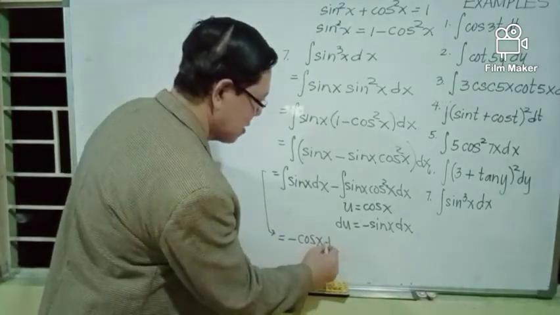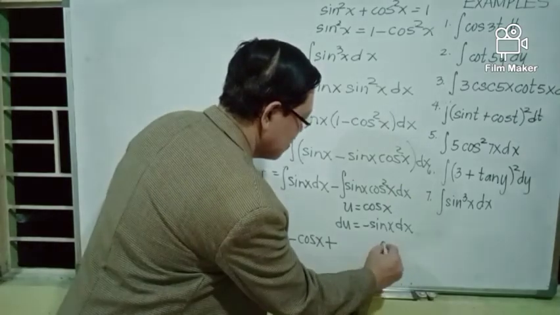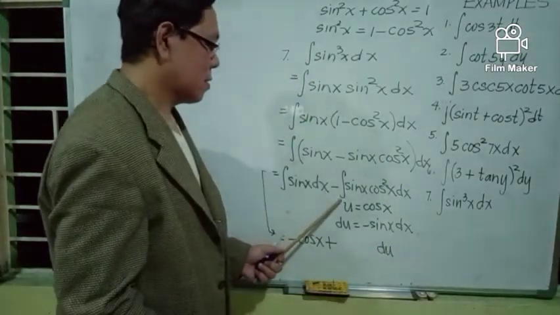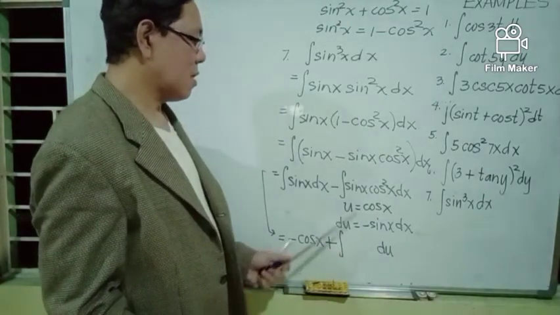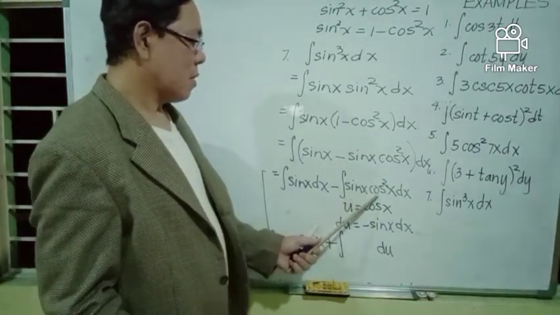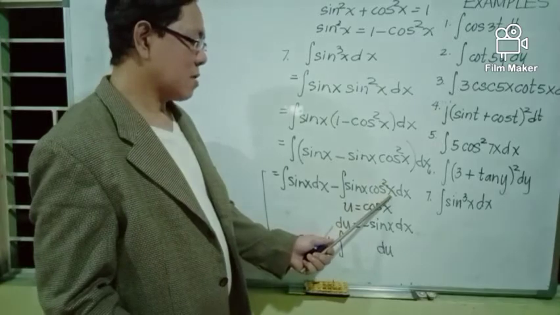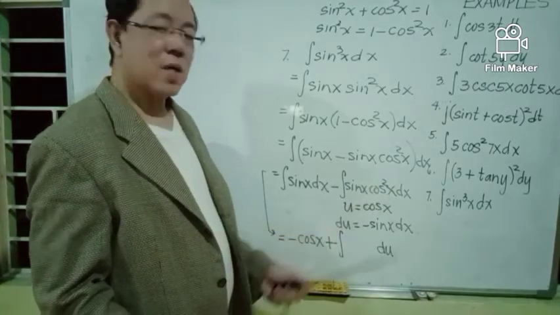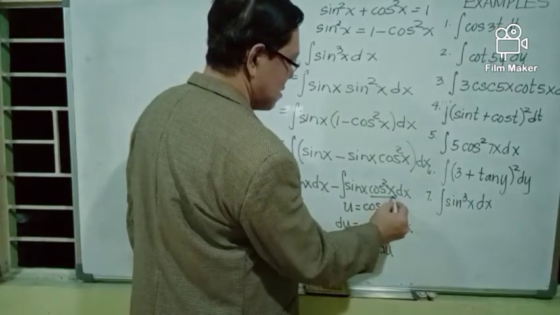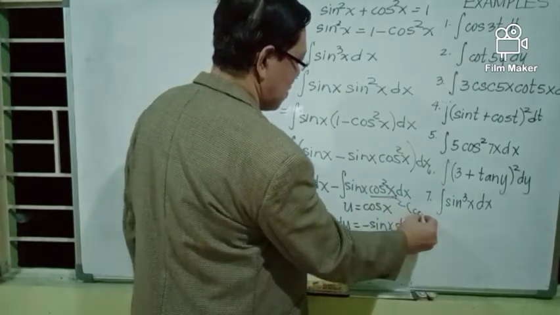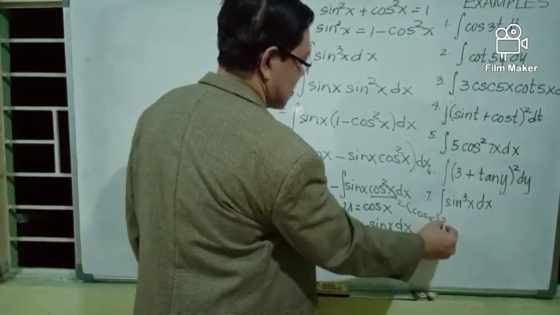We write positive du times the integral of cosine squared x. Cosine squared x is the same as the square of cosine x.